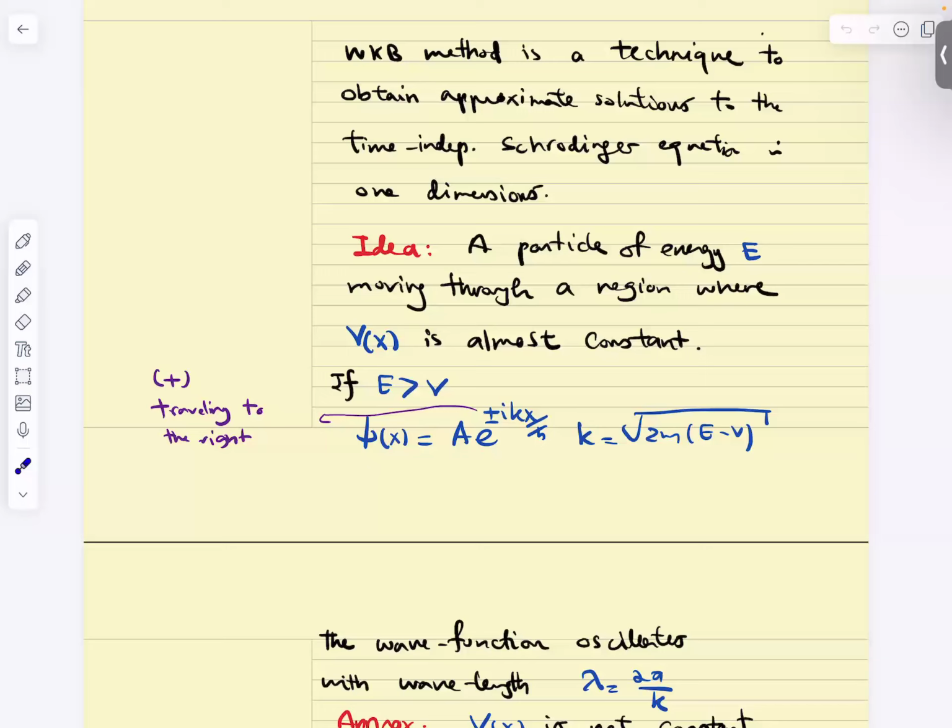So it would be p squared over 2m plus V of x, which I'm going to take to be a constant, V, acting on psi equals E psi. What's the solution to this? It's just a plane wave, where k, the momentum mode, is the square root of 2m(E minus V). Is that clear? This is just a plane wave solution.